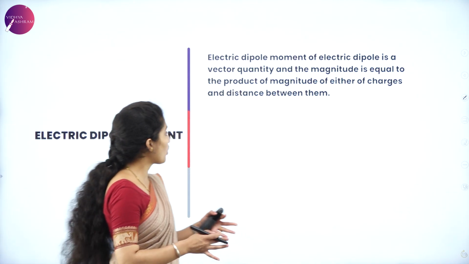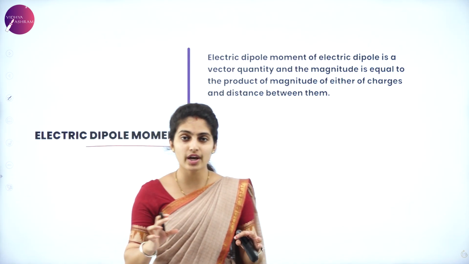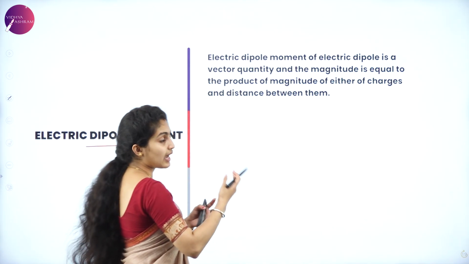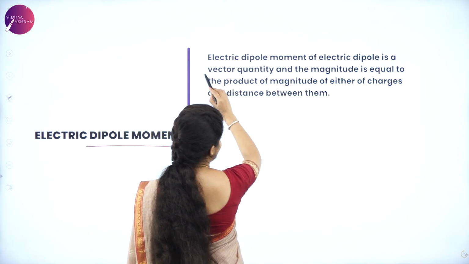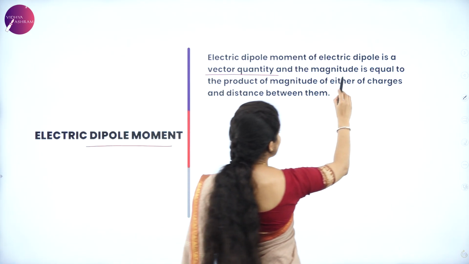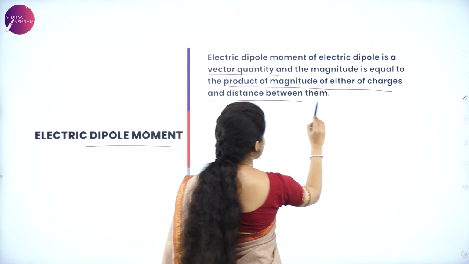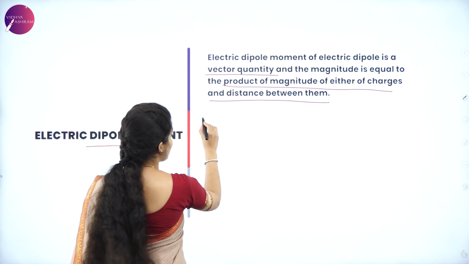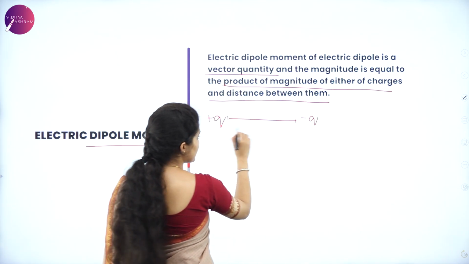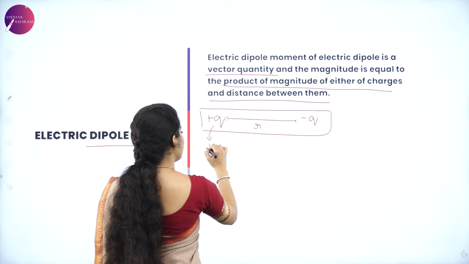Now let us see what is electric dipole moment. Dipole means two charges separated by a certain distance, correct? Here something more is added to it, that is, it is a vector quantity. Remember, the electric dipole moment is a vector quantity and its magnitude is equal to the product of the magnitude of either charge and the distance between them. So you have plus Q and minus Q, and the distance between them together is known as a dipole.